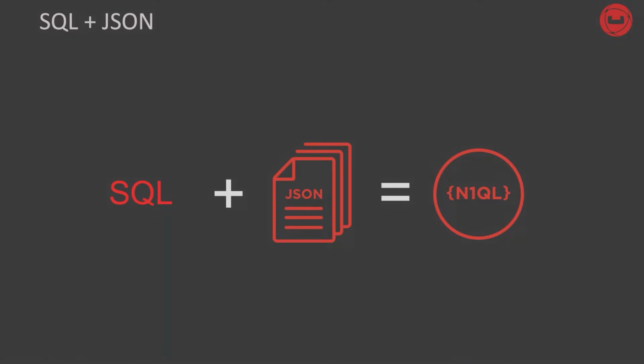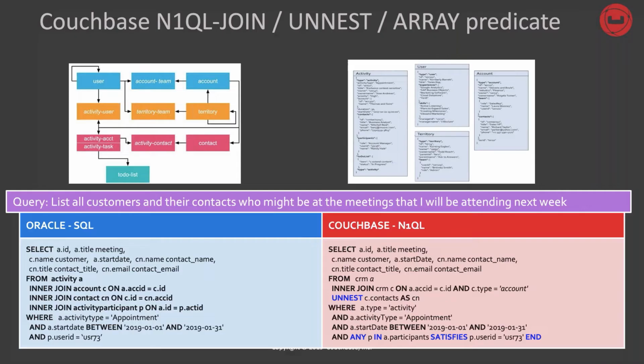So we know that. We have JSON data sets in Couchbase. We know that we can query them now with SQL-like syntax that's called N1QL. So if we have a relational schema like this one on the left, which is about 10 tables, we know that we can take it over to Couchbase on the right.